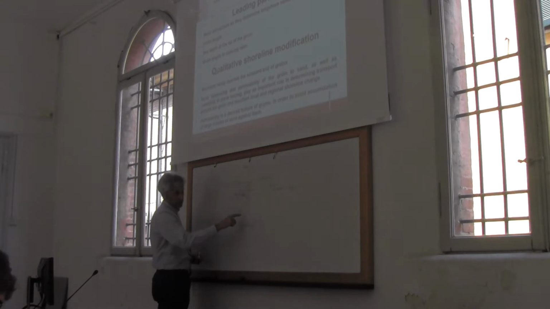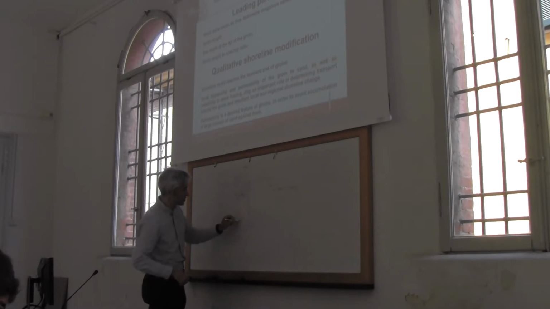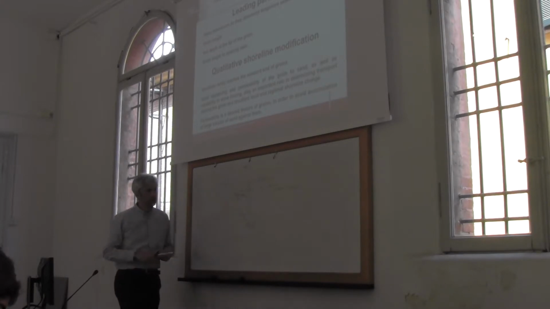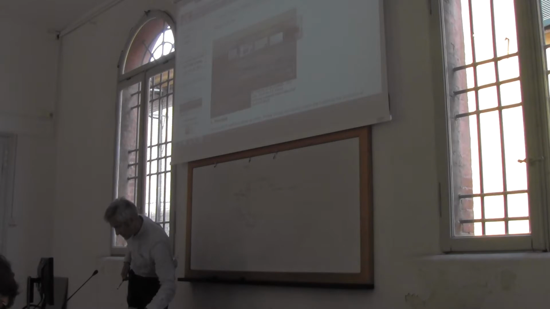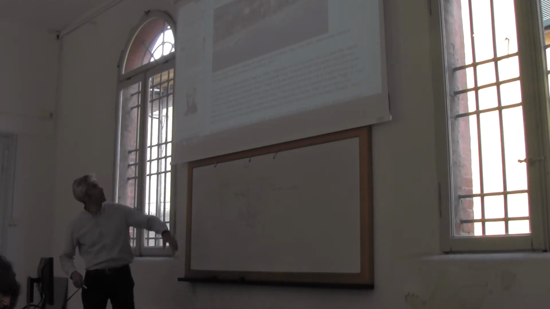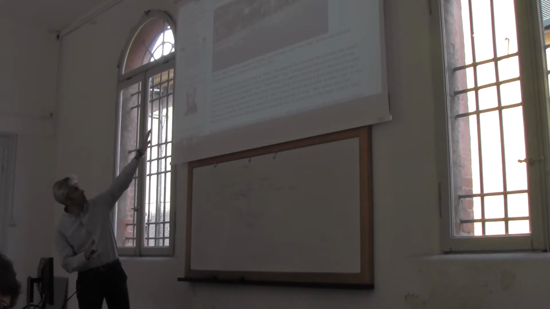If we want the new shoreline to reach the head of the groin, what we do is to use a T-shaped one. Like the one that I showed you before, if you remember this one. This is a kind of T-shape. Why did they use this bifurcation?